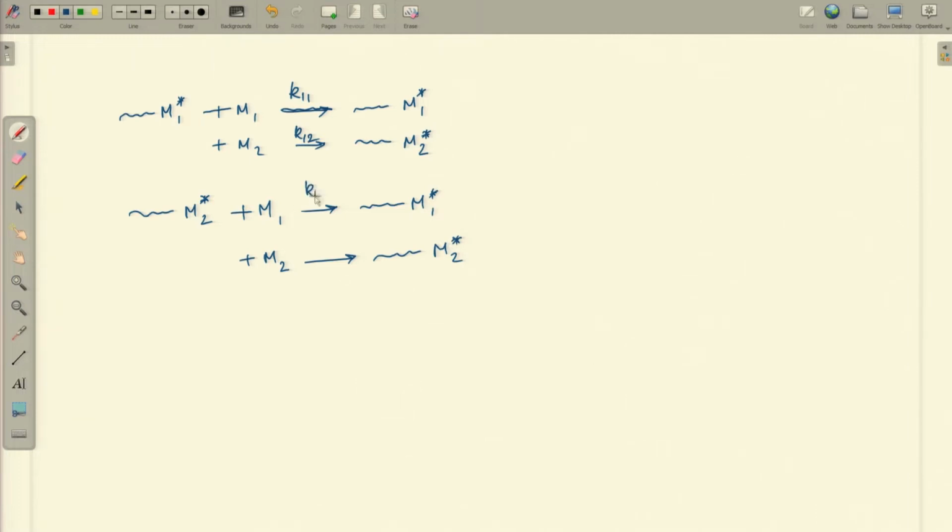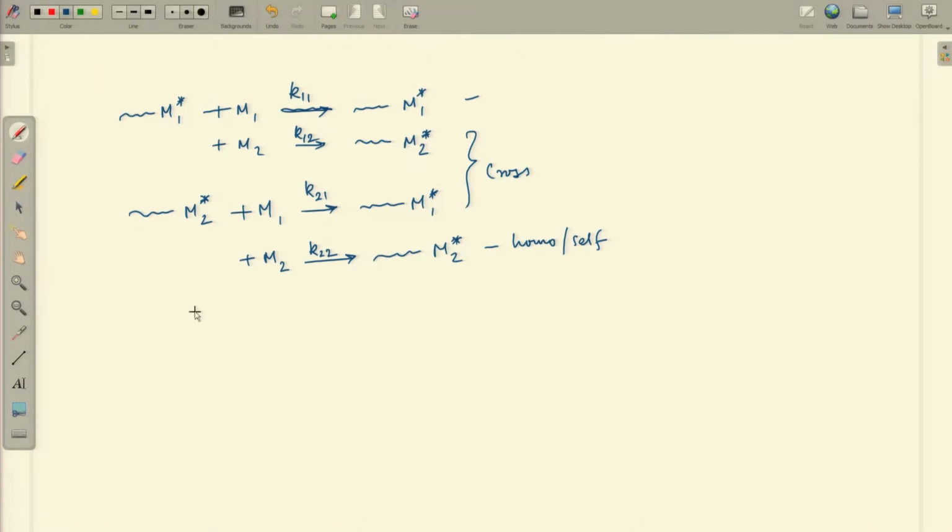So, this one we will write as K21 and this one as K22. These are the two cross reactions, and the others are the homo or self reactions.